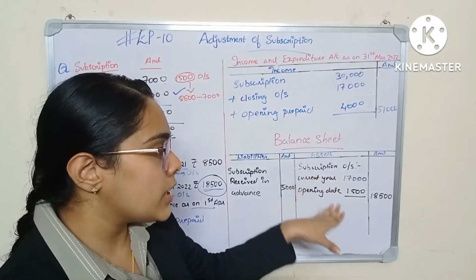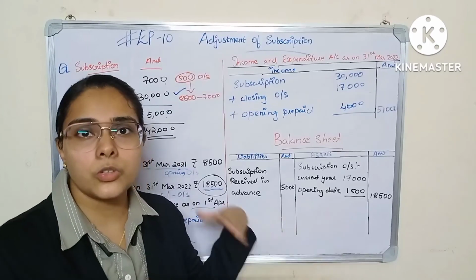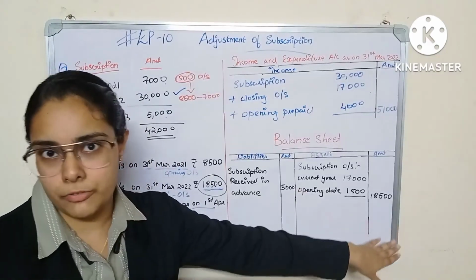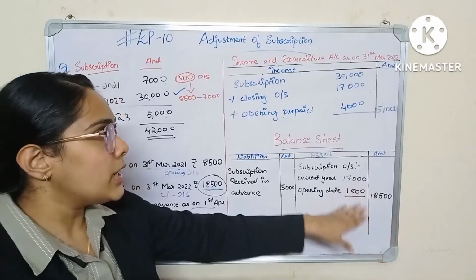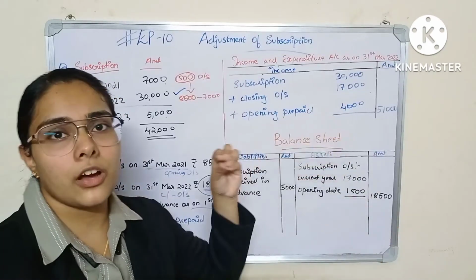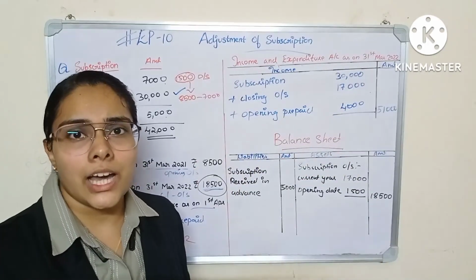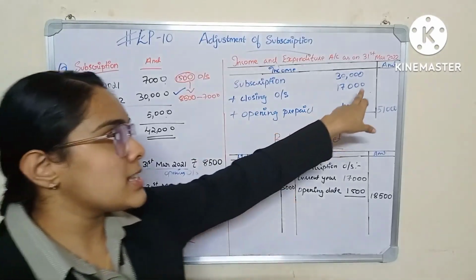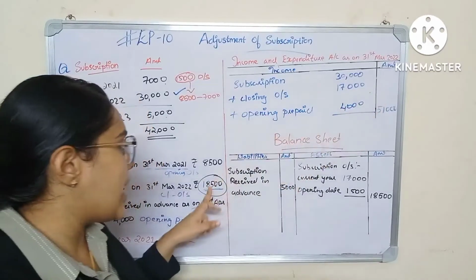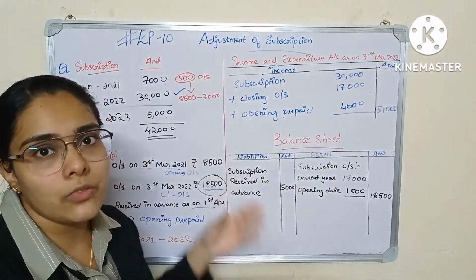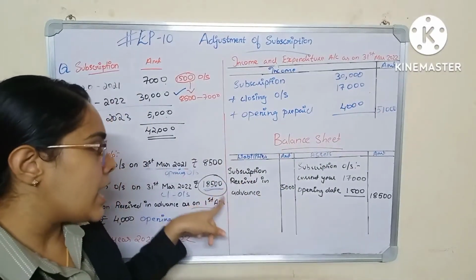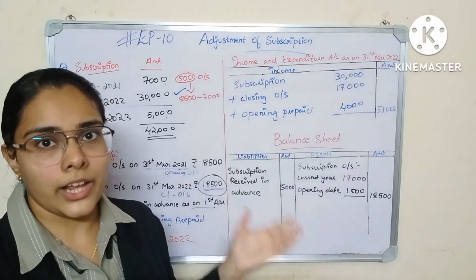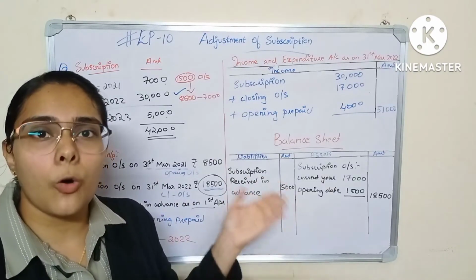So okay, here the outstanding, whether it belongs to the previous year or to the current year, you will add that up and you will show the total figure only. Okay, but in the income and expenditure account, the amount relating to the current year is only considered. So hence we only took that 17,000 instead of 18,500. We understood that 1,500 out of this 18,500 belongs to the opening date. Okay, that is the balance of the opening outstanding.